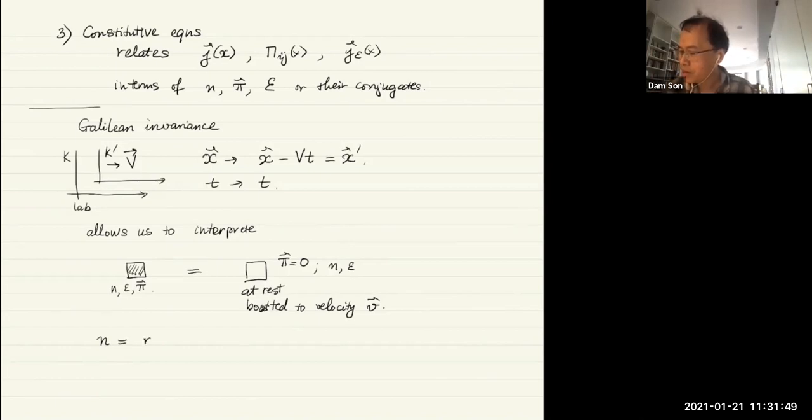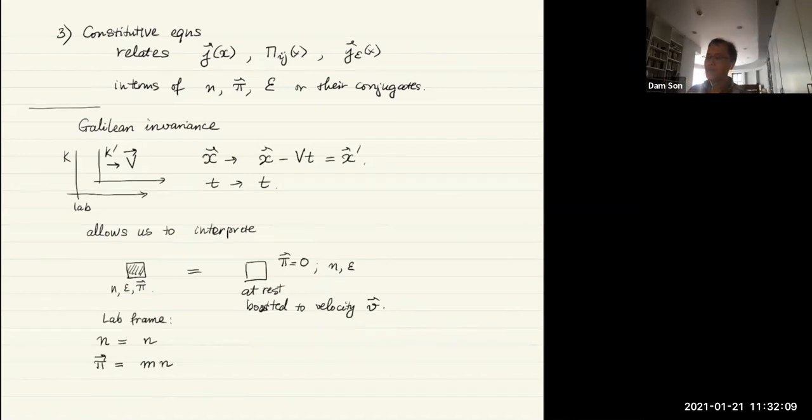I will not even use a different symbol for the density in the two frames. The pi, the density of momentum in the lab frame. So everything here is in the lab frame.